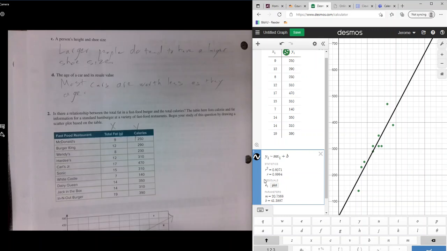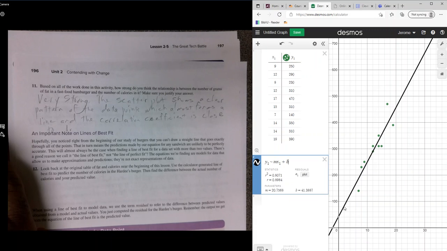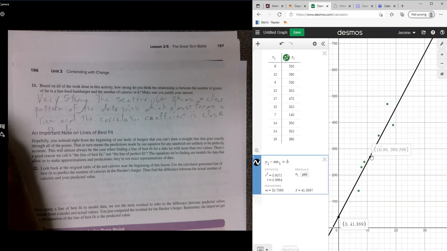So we go to our line here and try to find where the line has 12. We could just drag here till we get to 12 or close to it. It's a little over 290 calories. So we could say 290 calories.